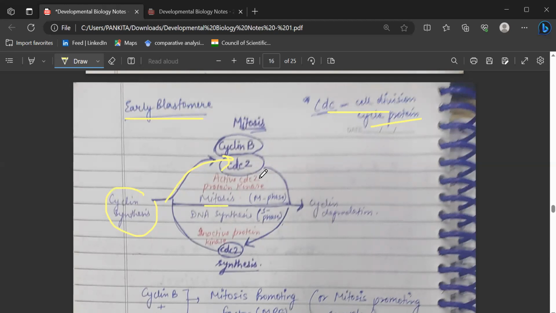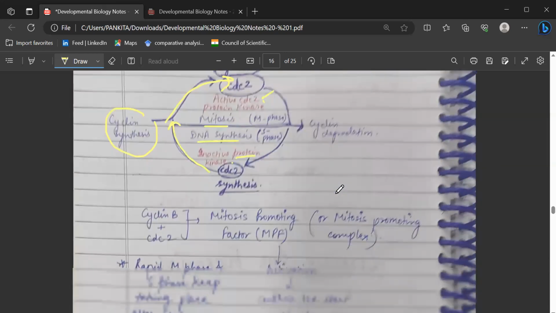Active CDC2 protein kinase is the enzyme involved in this process. After that, cyclin degradation occurs, wherein the cell enters the S phase and CDC2 synthesis occurs, and the protein kinase is inactive in this process. In this case, DNA synthesis occurs. So this is the cycle that keeps on following in the early blastomere phase.